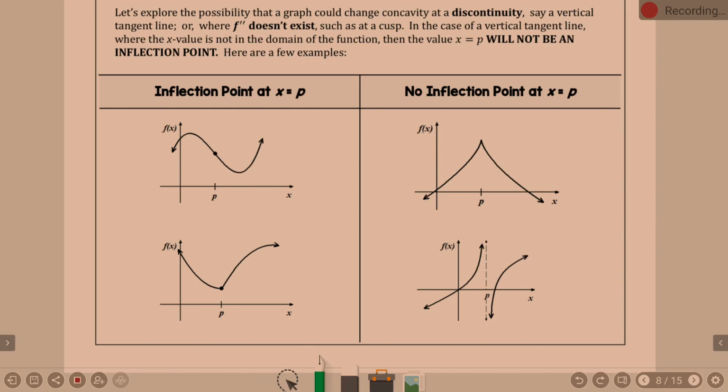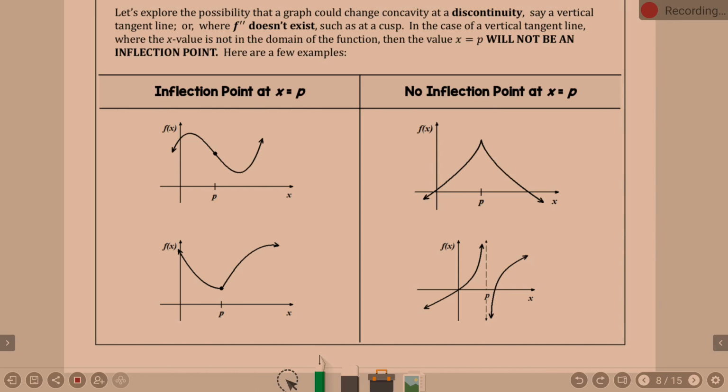What we're going to talk about here is the possibility that a graph could change concavity at a discontinuity. If a graph changes concavity at a discontinuity, that doesn't necessarily mean inflection point. It could be, but if there's a discontinuity, it very strongly won't be.